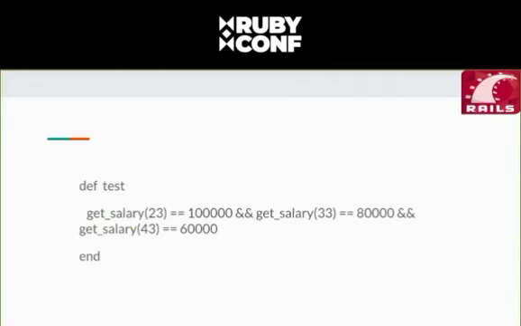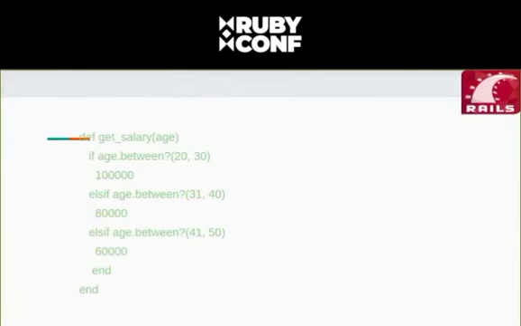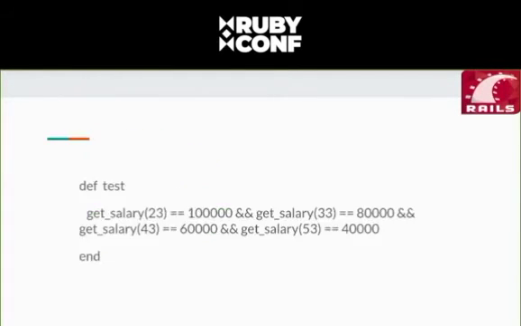And the third thing is, again, we added the assertion for the third rule. And again, we extended our code to pass that third condition as well. And still we have 100% coverage. And then we added the fourth assertion in our test.